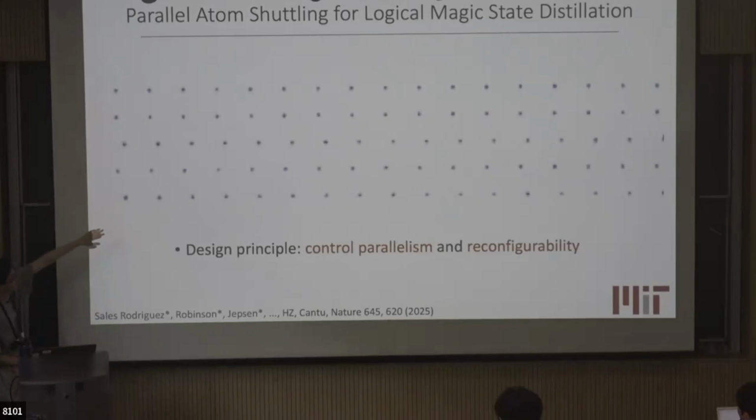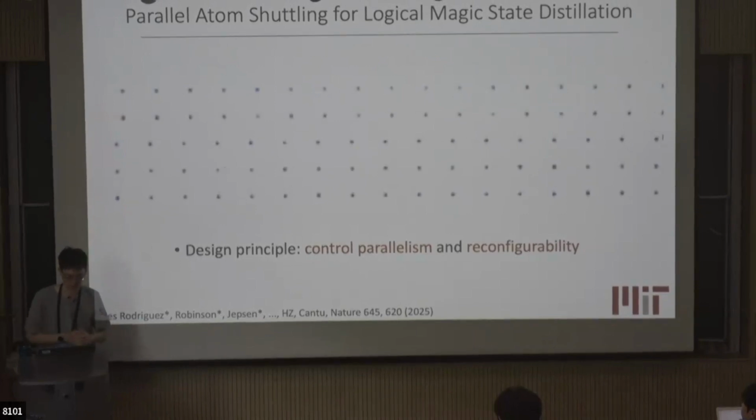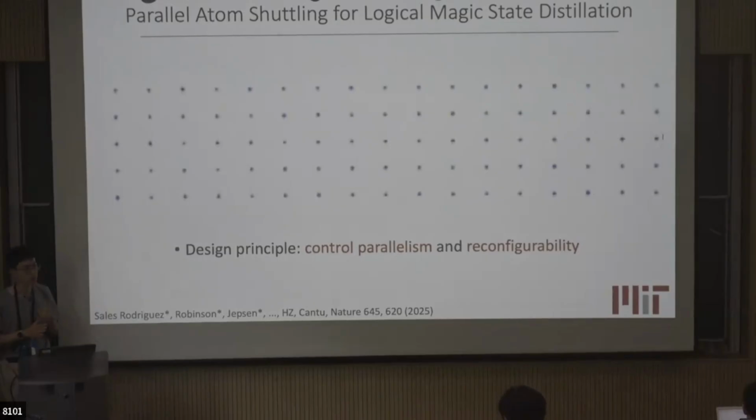And then after you do the encoding circuit, you do parallel rows in order to perform transversal gates for the distillation circuit. So you can already see here that a large part of the design problem is how can we design in parallelism in the control and make use of the reconfigurability of the system.